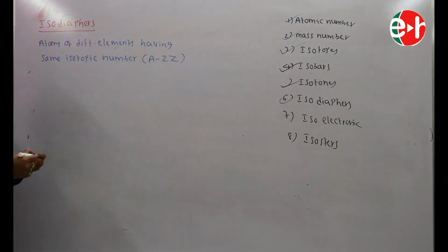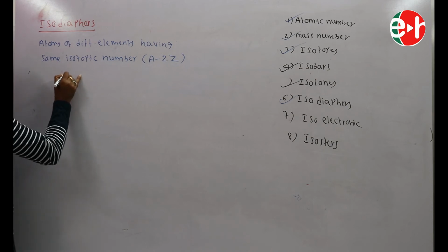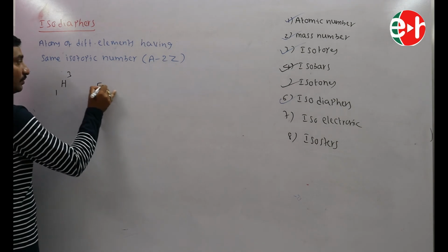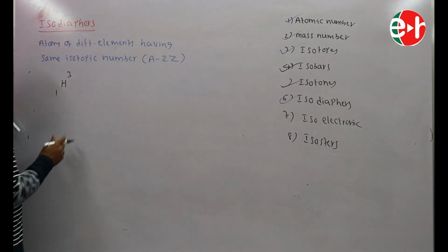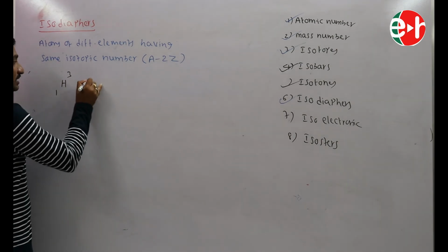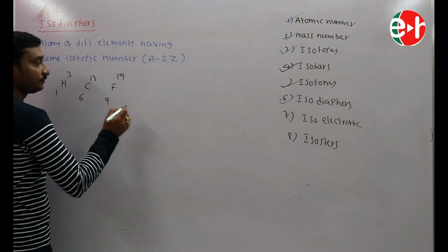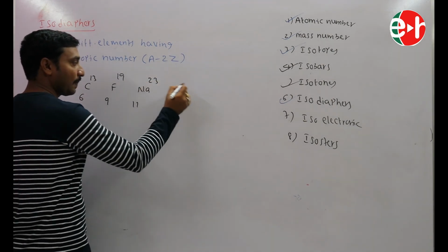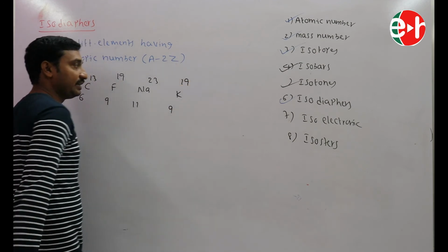Okay, let us discuss some examples. See, 1H3, carbon 6 to 13, fluorine 9 to 19, sodium 11 to 23, potassium 9 to 19.